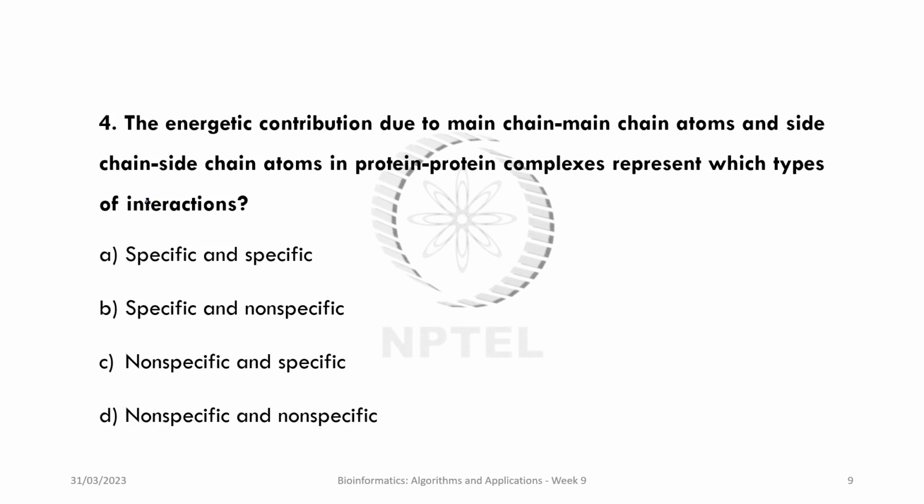Question 4. The energetic contribution due to main chain atoms and side chain atoms in protein complexes represent which types of interactions? A, specific and specific. B, specific and non-specific. C, non-specific and specific. D, non-specific and non-specific. So what are the interactions we're talking about?